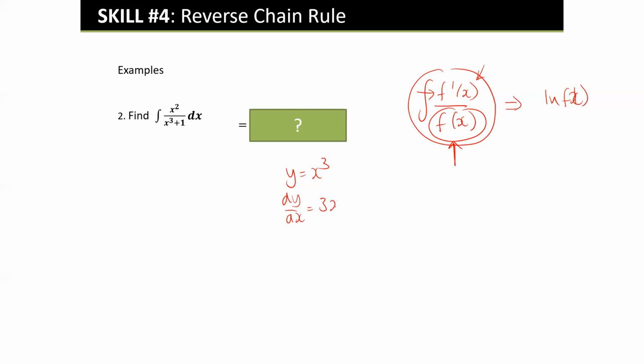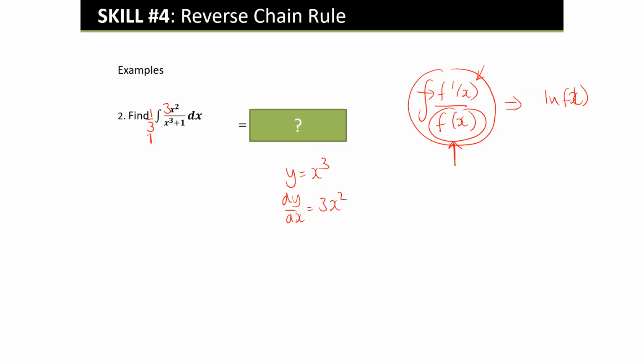Power down, 3x squared. So the differential we want to have sitting on the top, we want a 3, but by putting a 3 there, you can adapt your questions by a constant. But if I've made my question now 3 times as big, I need to put a 1/3 on the front. So they will act to cancel each other.